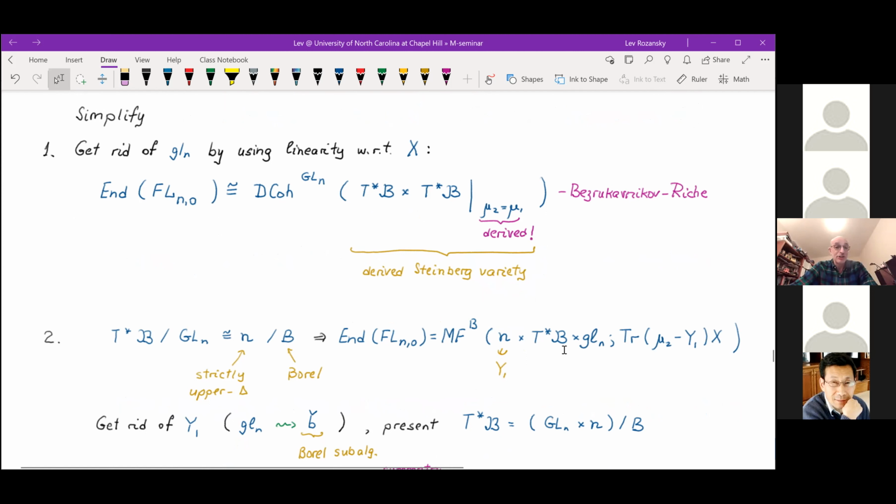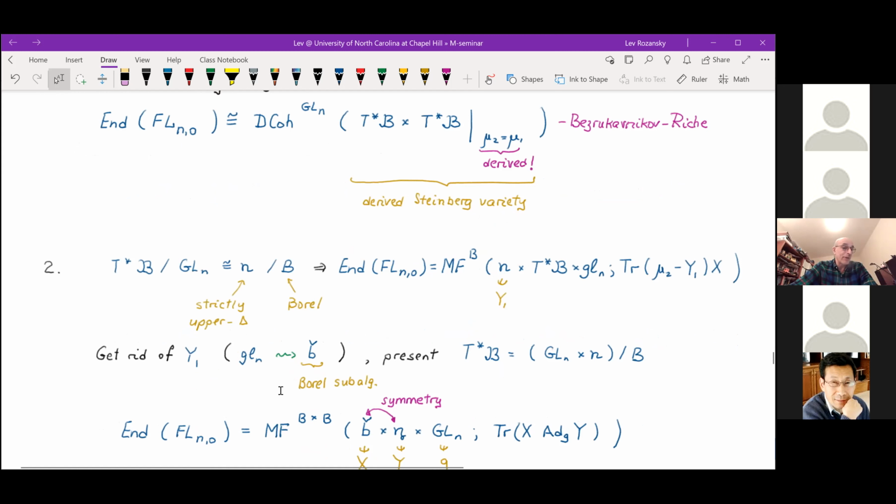You have the second T*B and GLN, and that's your superpotential. And now you can get rid of this nilpotent matrix by using linearity, or Knörrer, same thing. It combines with the lower triangular part of X. So Knörrer removes the first nilpotent, strictly upper triangular, together with the lower triangular part of X.